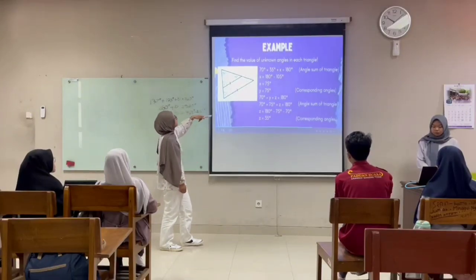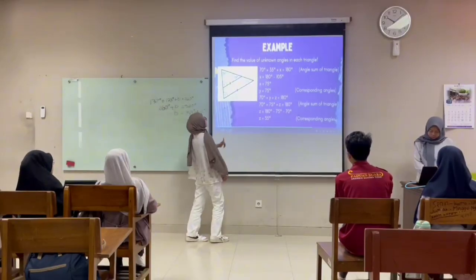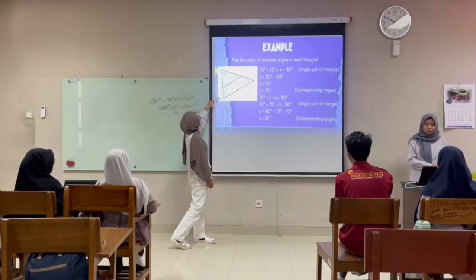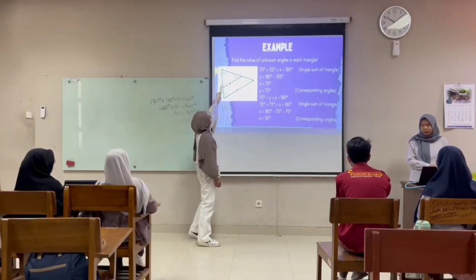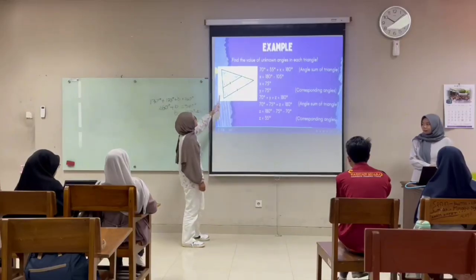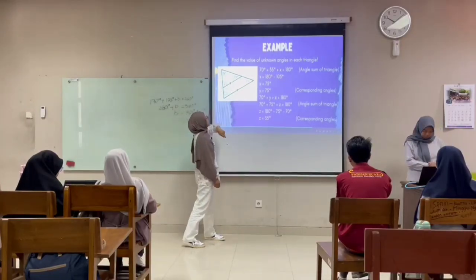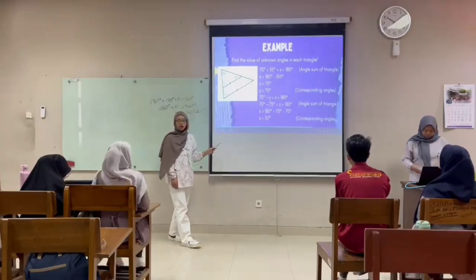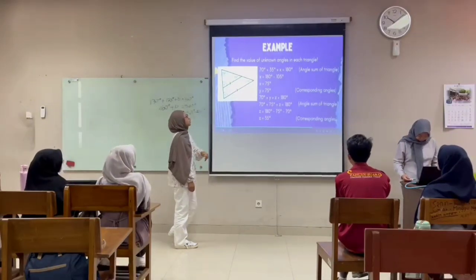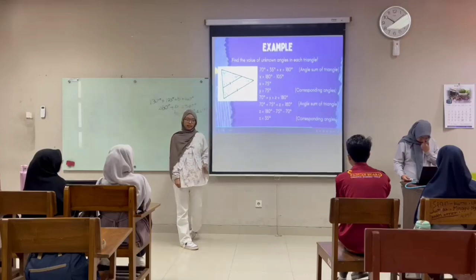Now let's do the smaller triangle first. We add up 2 angles. So 70 degrees plus 35 degrees plus X is equal to 180 degrees because the sum of 3 angles is 180 degrees.